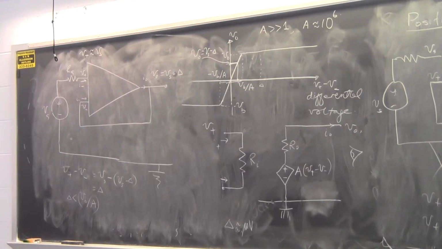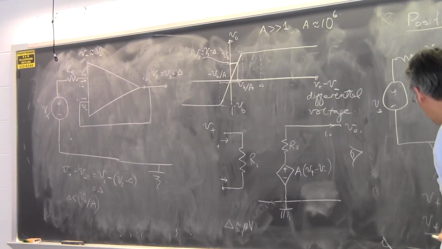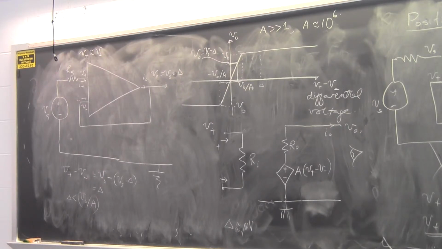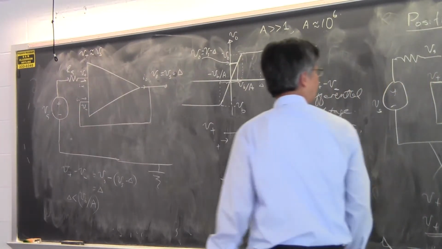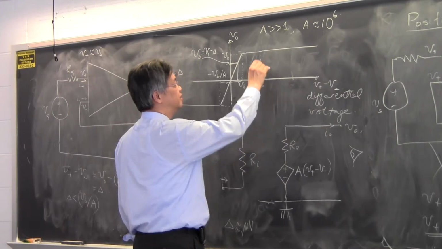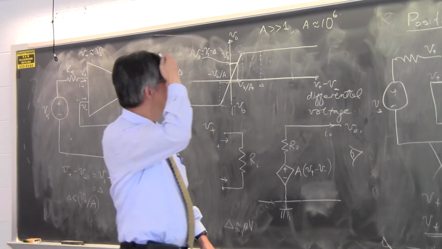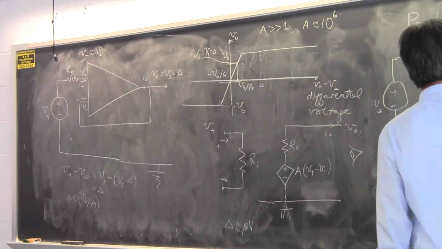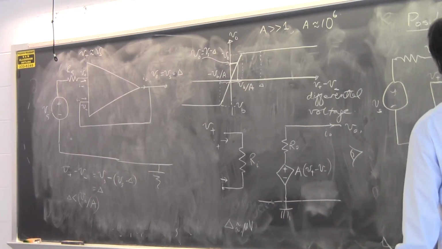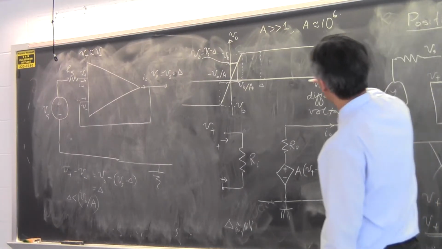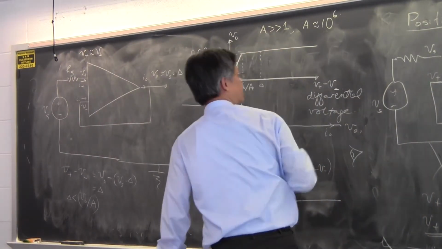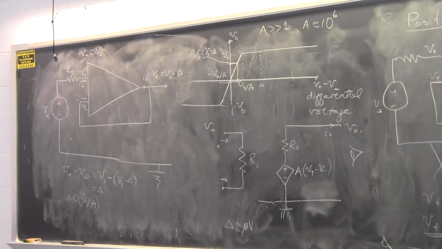You can see that if I make V plus being equal to Vs plus delta because of this connection, then the differential voltage V plus minus V minus is delta. Delta can be anywhere here, okay, anywhere here, and that VO can be equal to VB, and when it's working over here, VO just is equal to VB, and delta can be quite large.